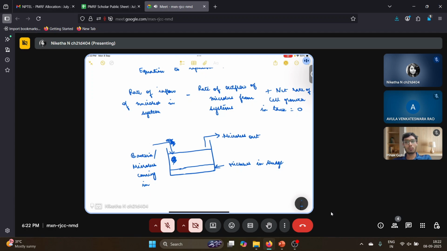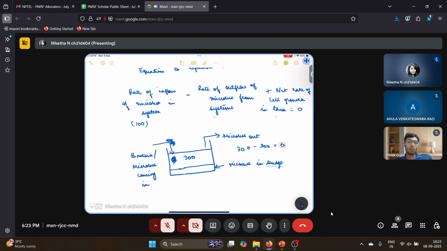For example, if there are 100 microbes and once they come in they become 300, and 300 microbes are going out in the form of sludge and along with the wastewater, then 300 minus 300 will be 0. So imagine this is 100, and we'll come to this later.